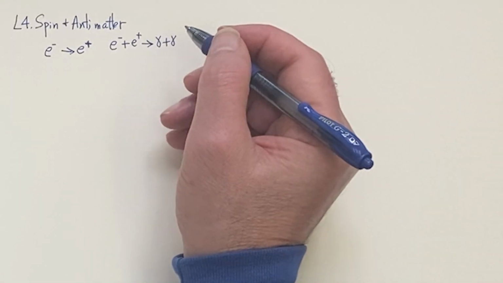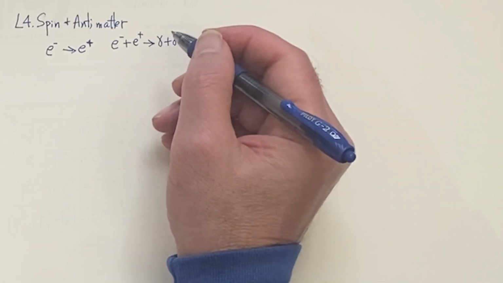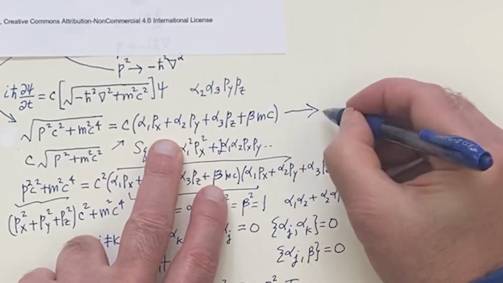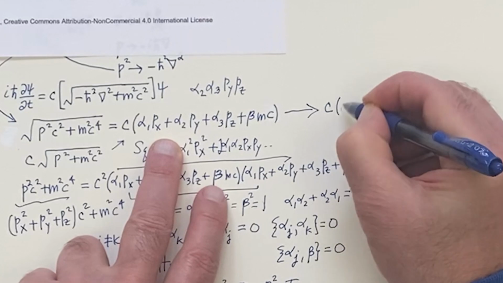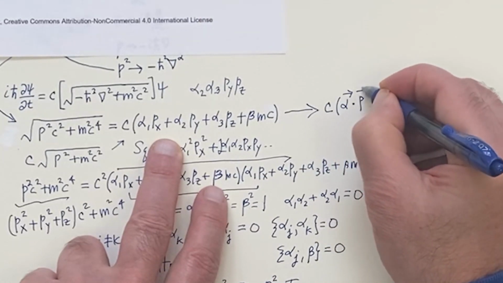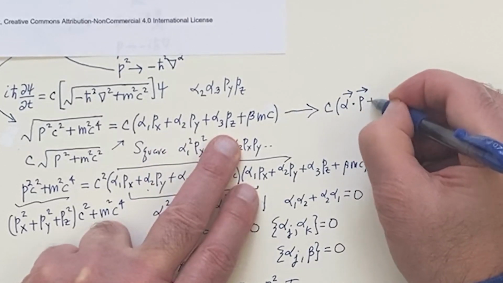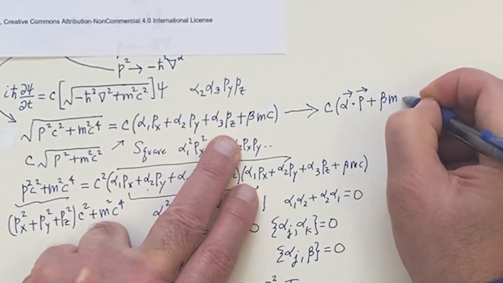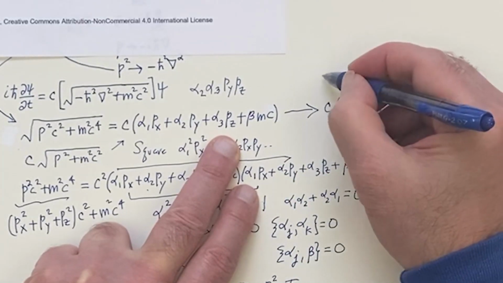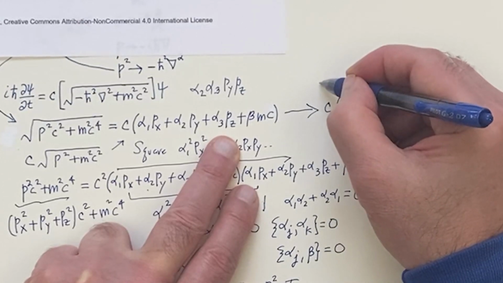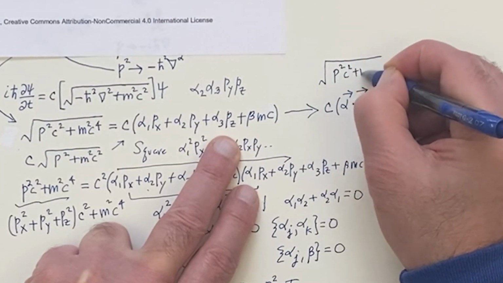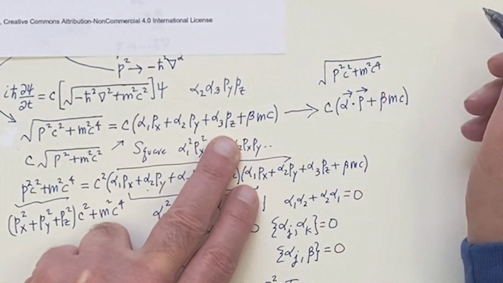So let's see if we can get this and the spin also. We come back here for the Dirac equation, and we can write this as c times the alpha vector dot the momentum vector plus beta mc. And then remember that this came from the square root of p squared c squared plus m squared c to the fourth.